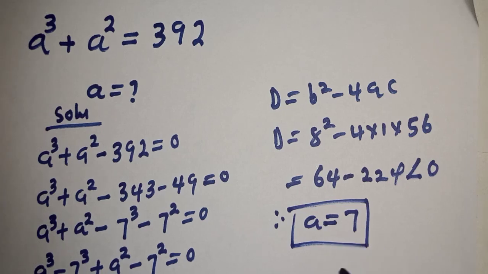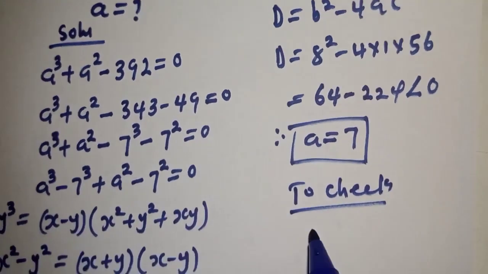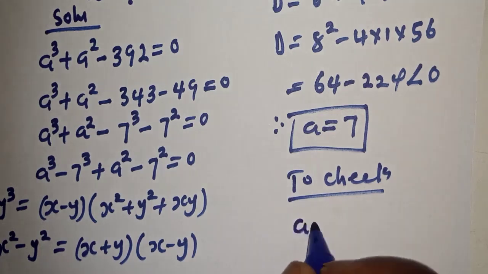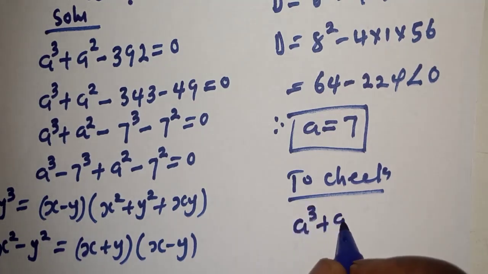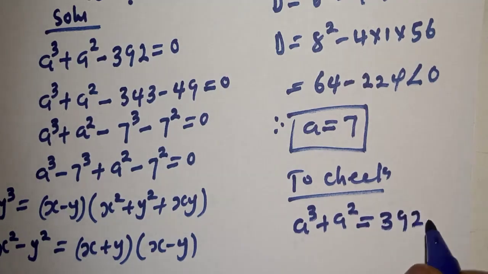We can check to confirm if our answer is right or wrong. Let's check. To check, we have the given equation: a raised to power 3 plus a square is equal to 392.